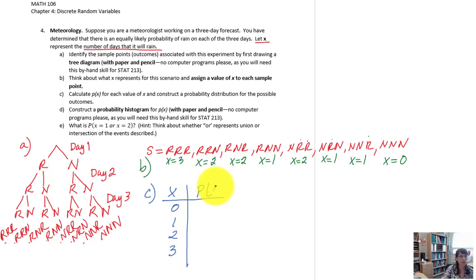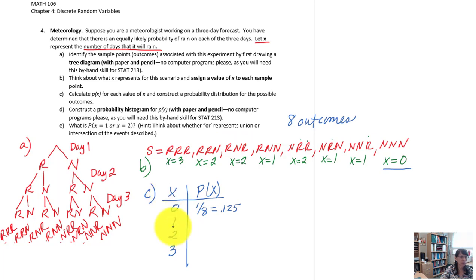To find the probability of x, we can see that there were 8 different outcomes. And we want to know, of those 8 outcomes, how many times did the x value assume 0? In other words, how many have no rain? And that's only the last one. So 1 out of the 8 is equal to 0.125.